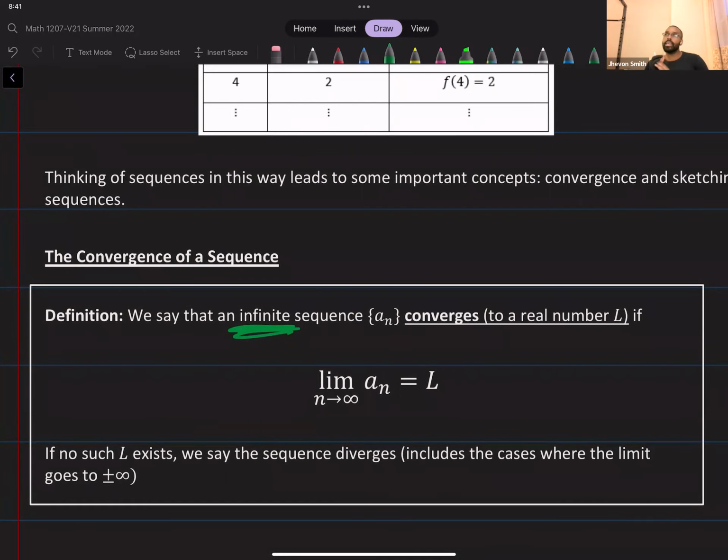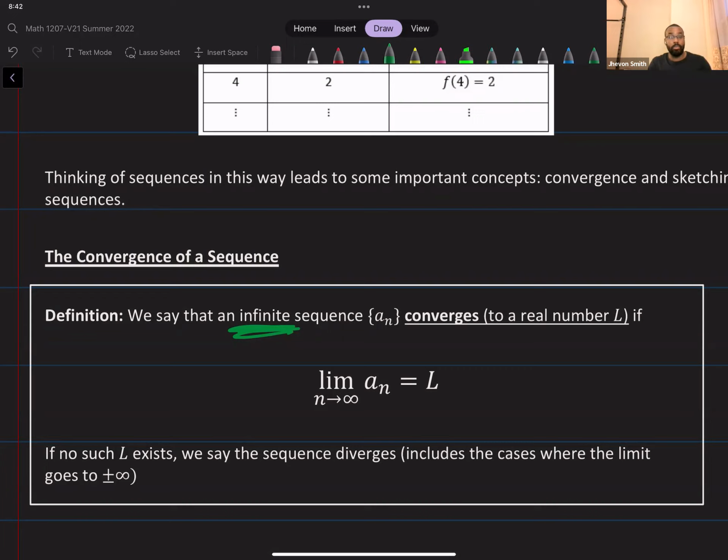At the end of the day, we're trying to describe, if we go on forever and follow this list, does it follow a pattern where we eventually have some sort of stability, and we can describe it by how the tail end behaves? That idea is captured by the notion of convergence.